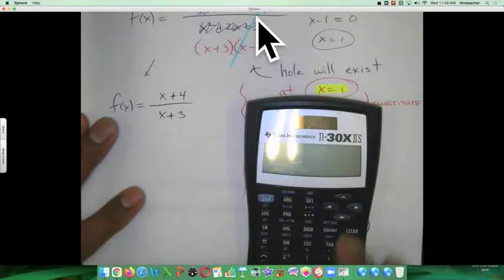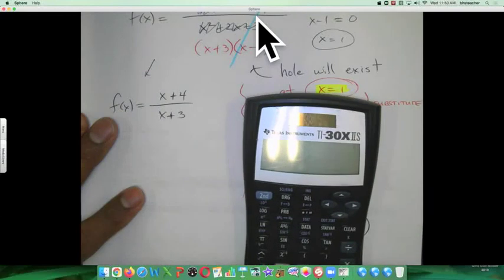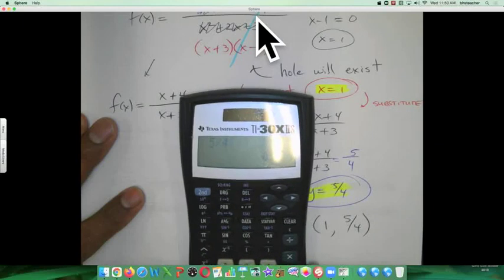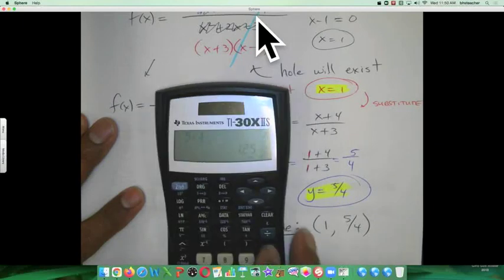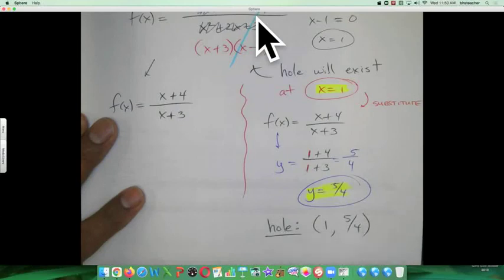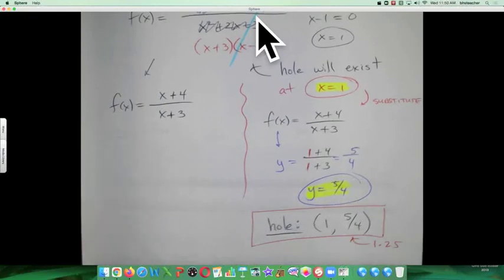Let's see, 5 divided by 4 is equal to, yeah, 1.25. A little bit past 1. But that's the coordinate for the hole. We'll come back to the coordinate there.